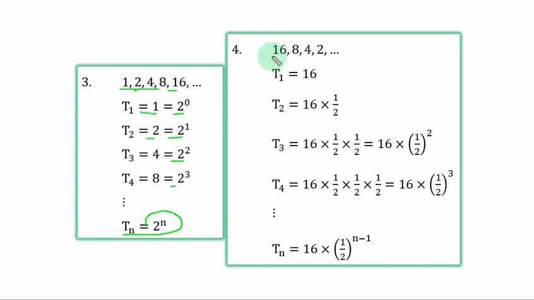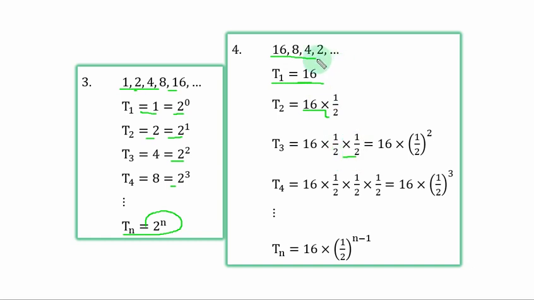Number 4, you have this sequence. The first term is 16. If we are to think along the first term, if you divide the first term by 2, you have the second term. Since the first term needs to be there, we have it as 16 times 1 over 2, which also means 16 over 2. To get this term, you have to multiply by 1 over 2 again.